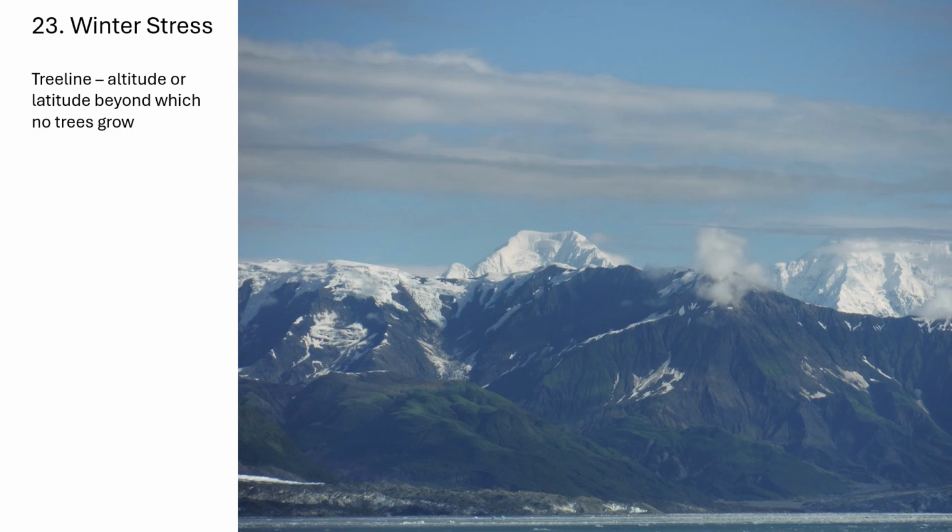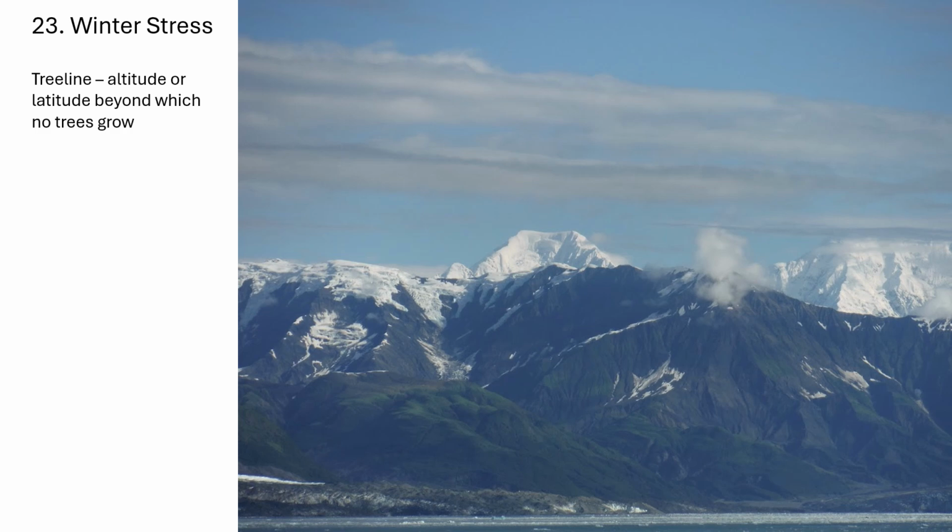So if we think about winter stress, the stress of cold temperatures and the stress of desiccation, and we think about woody plants, so trees, we find there can be a tree line both as you move up in altitude, let's say on a mountain, or with increases in latitude on a global scale.